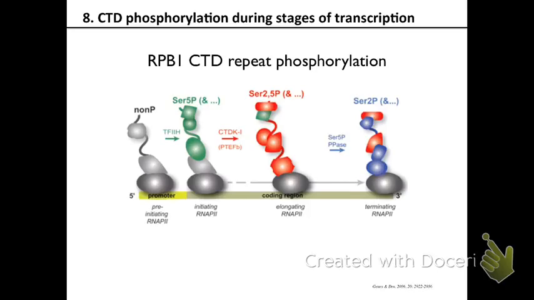The way I remember this is that the 5' end of genes has serine 5 phosphorylation, and serine 2 is downstream. Okay, so if you ever want to remember.